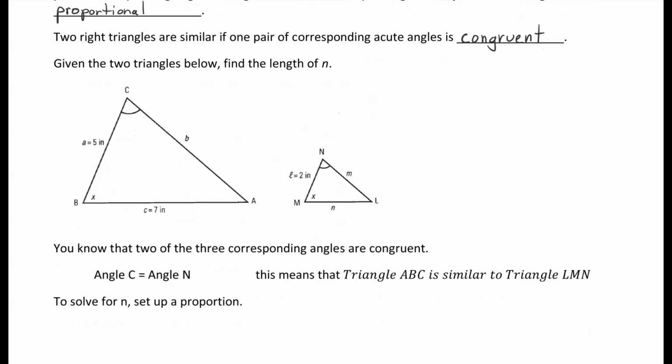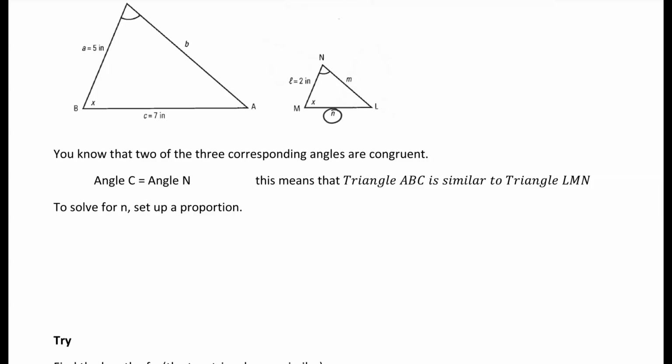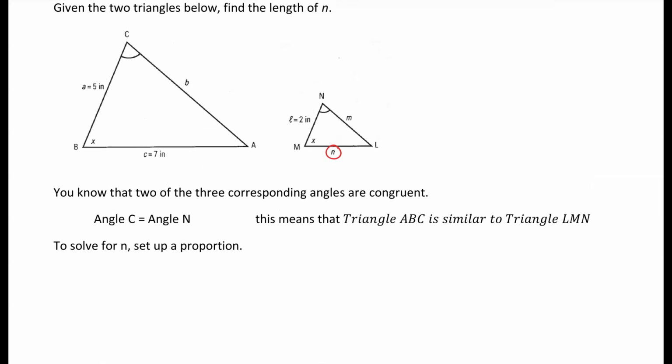Now, given the two triangles below, find the length of n. So we're trying to find the length of n on the bottom here. And we're given a side on this side, the length of this one here, and the length on the bottom.